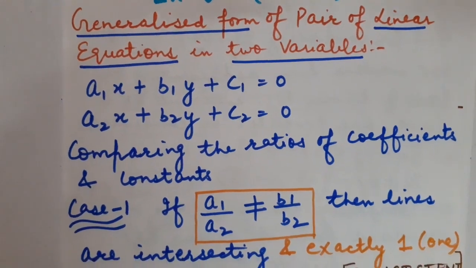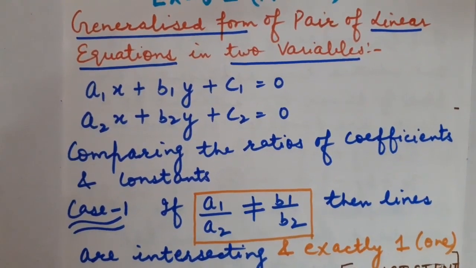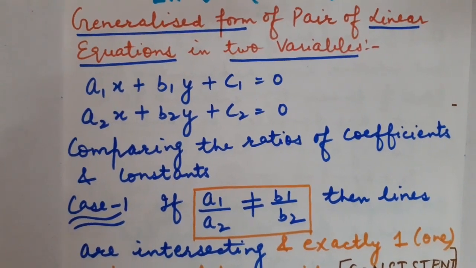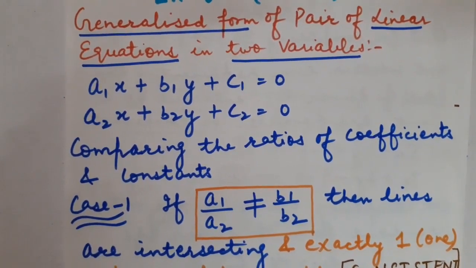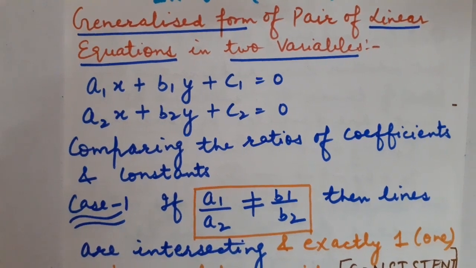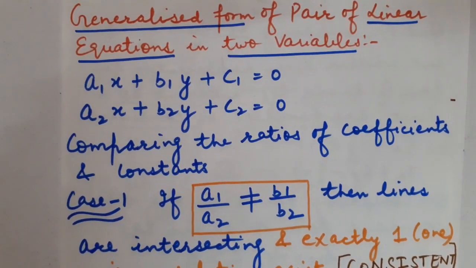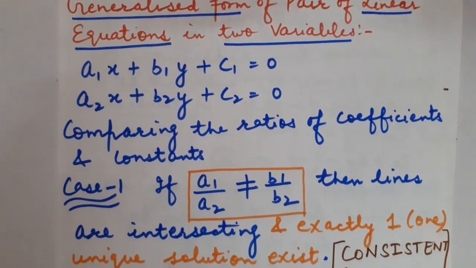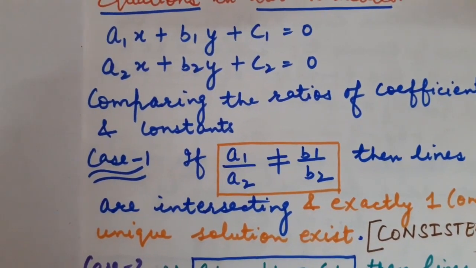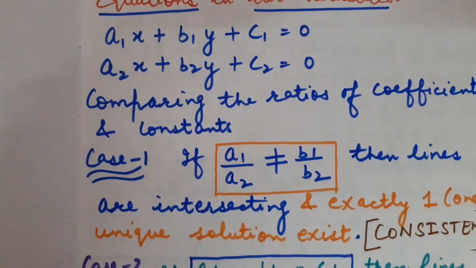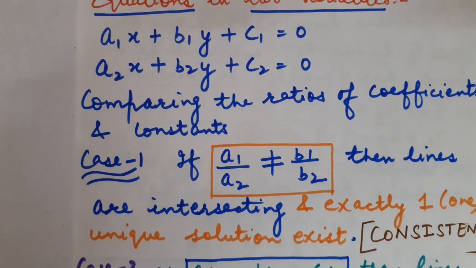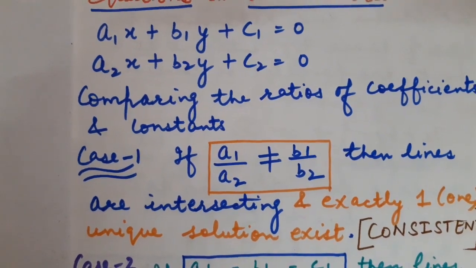Now children, let us start the discussion of homework questions. Before I start taking homework questions, let us recall the concept which was taught in the previous lecture. The generalized form of a pair of linear equations in two variables is a1x plus b1y plus c1 is equal to 0, a2x plus b2y plus c2 is equal to 0.